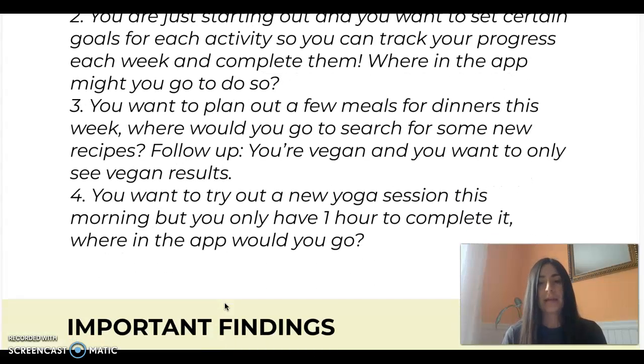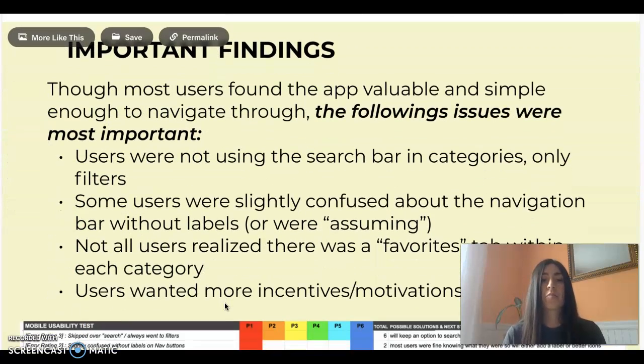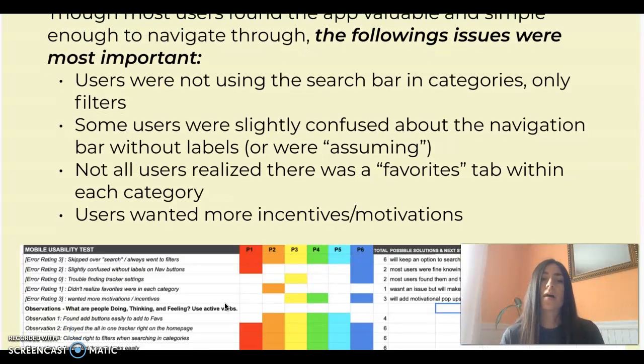So our main findings after going through these tasks with each participant, while most users did find the app valuable and simple enough to navigate through, we did find a couple of issues. A very important one was that users were not using the search bar in categories.